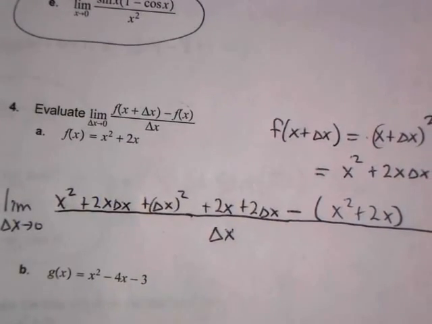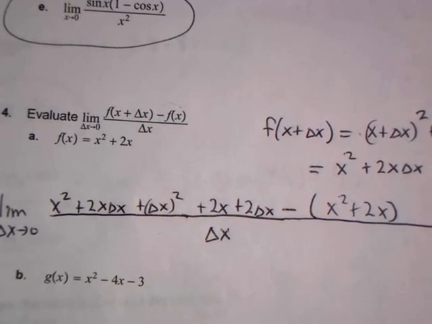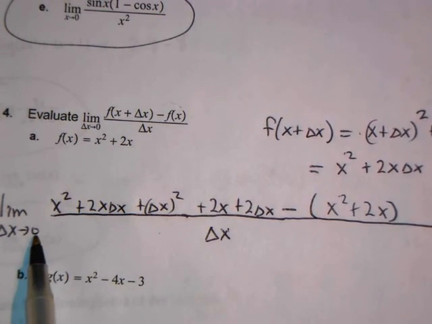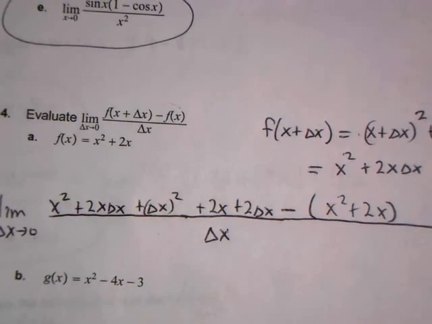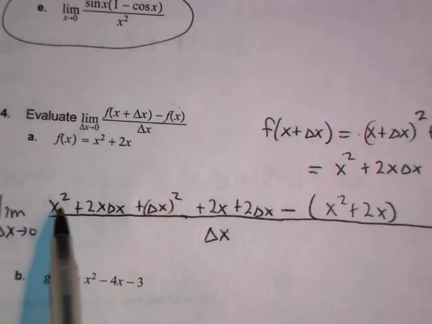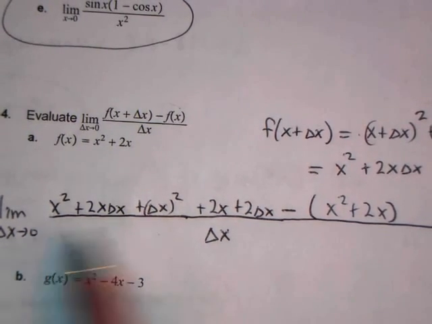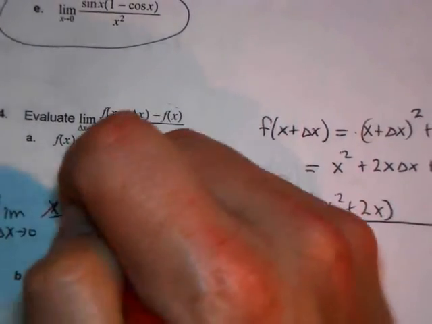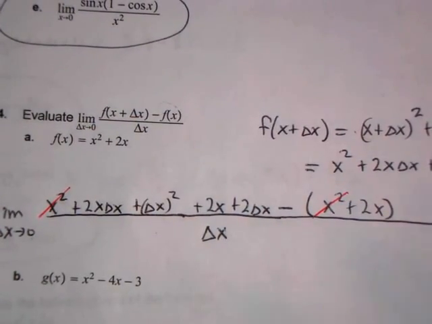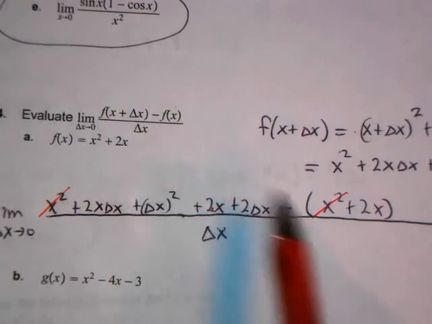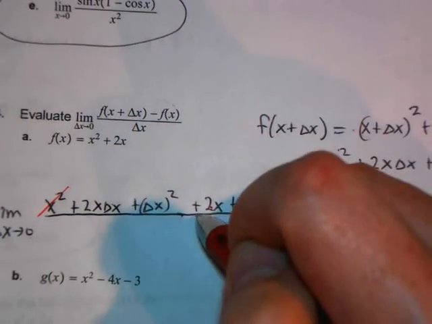Now, as you may have surmised by now, if I were to try to take delta x and plug in 0, I would get 0 on top and 0 on bottom. Certainly I get 0 on bottom. So we need to do some reducing. But notice things reduce pretty well here. I've got an x squared and I've got a minus x squared. Those cancel out. I've got a 2x and then I've got a minus 2x. And this is what should happen.